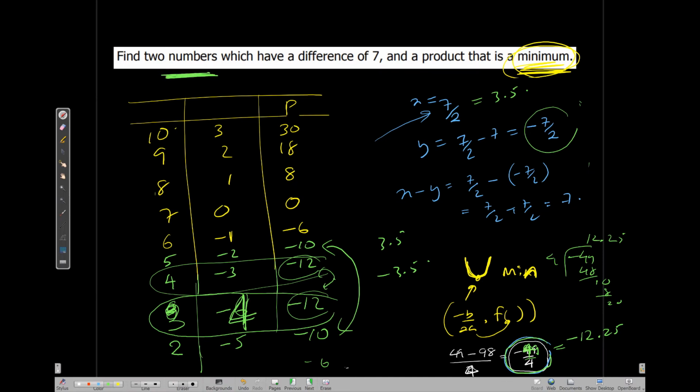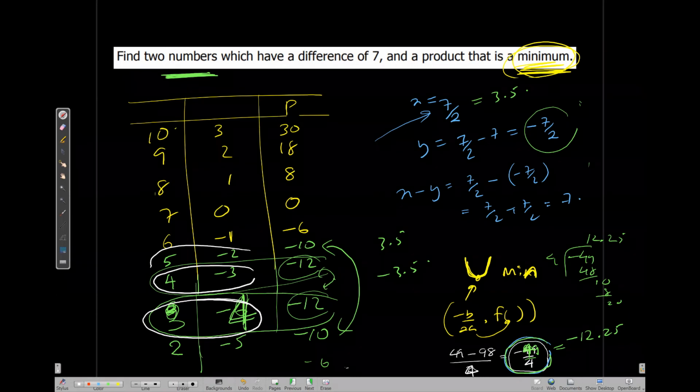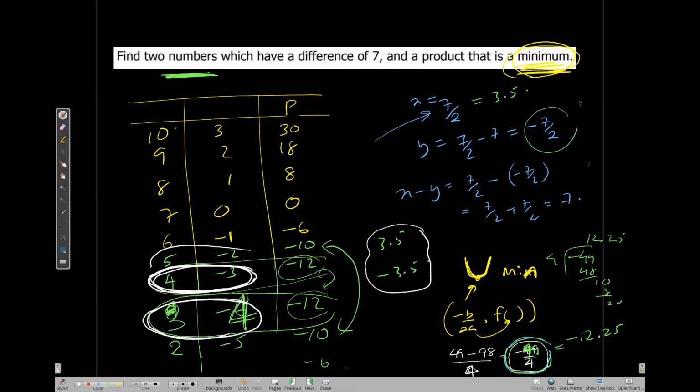If you ask to find the integers, then you have two sets of solutions, but in between that we have a rational number being our solution. When you say numbers, it doesn't necessarily mean an integer, right? That was in my very first video.